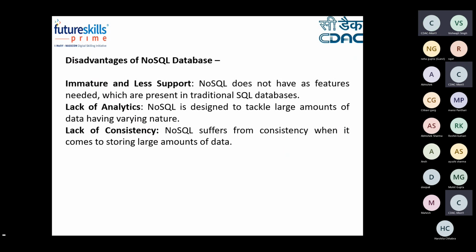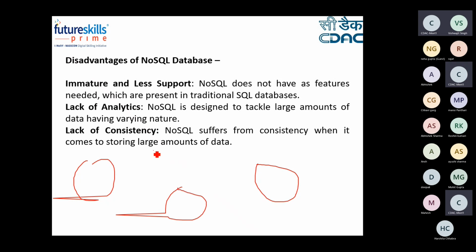Suppose we have an example. You can see that these are three students. All three students are studying in a BTech class. Now all three students are appearing in the exam, and all three are answering on paper, on their answer sheets.